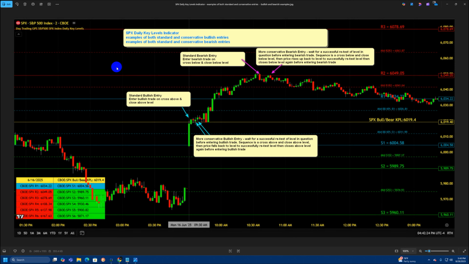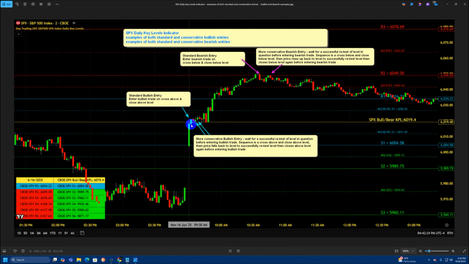Okay, so now we're going to take a look at examples of both standard and conservative entries, both on bullish entries and bearish entries. First off, we're going to look at bullish entries. So here we have a cross above and close above.